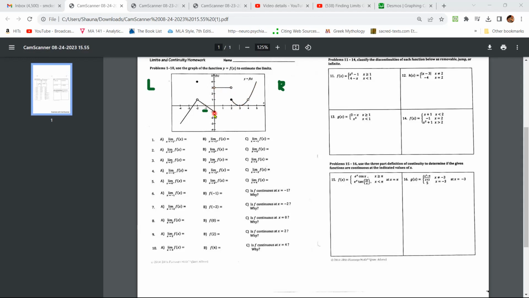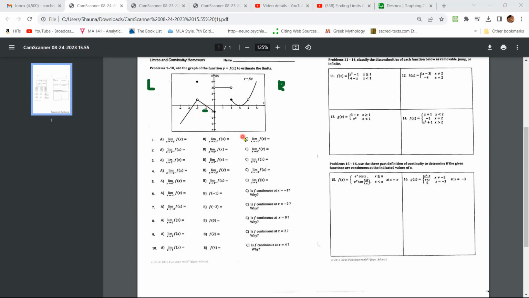Jump down here, okay, we're getting warmer, right? And it looks like it's continuous at -1 because guess what? What is it? It's 0. It's continuous at -1, so we don't have a problem here, right?